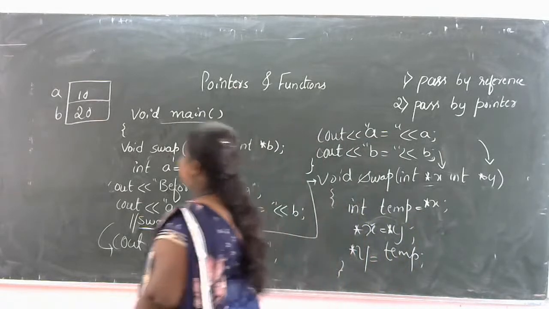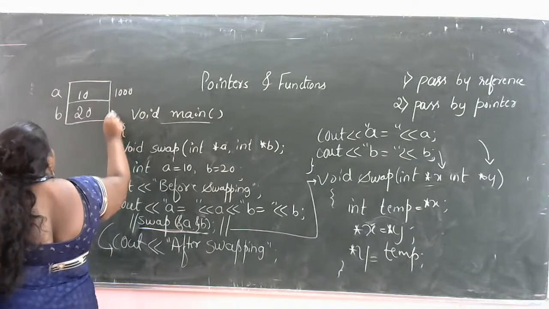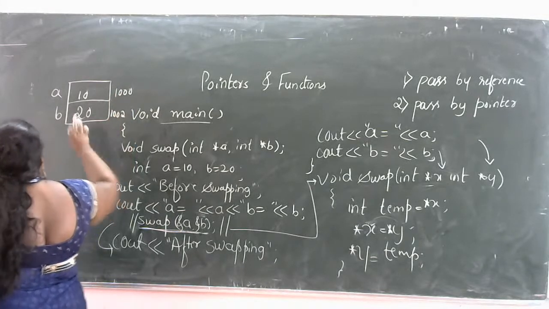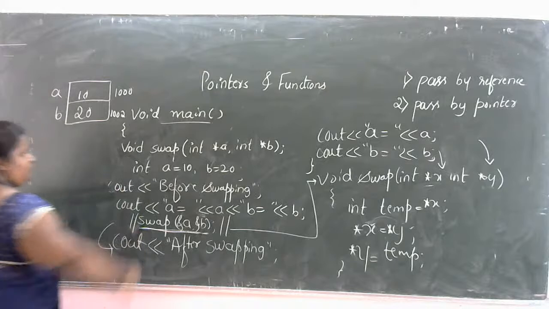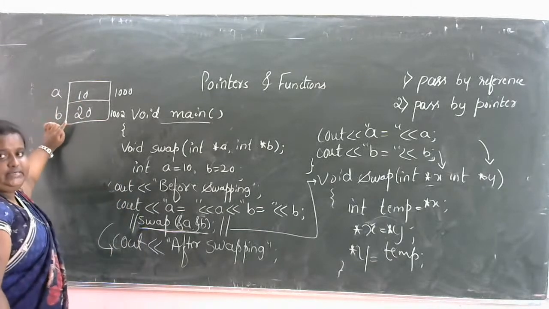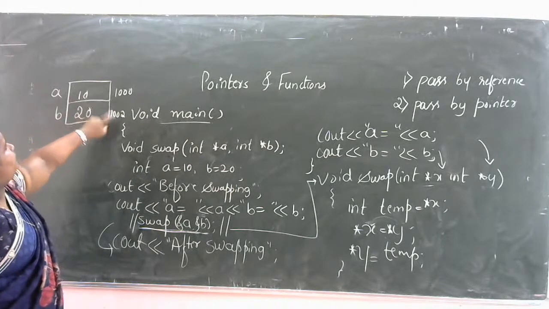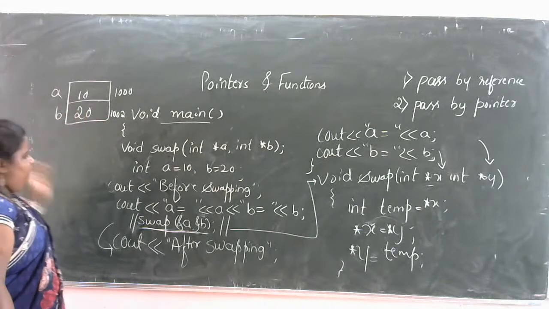Suppose this address is 1000 and this address is 1002, as it's of type integer. 2 bytes of memory will be allocated for your a and b.